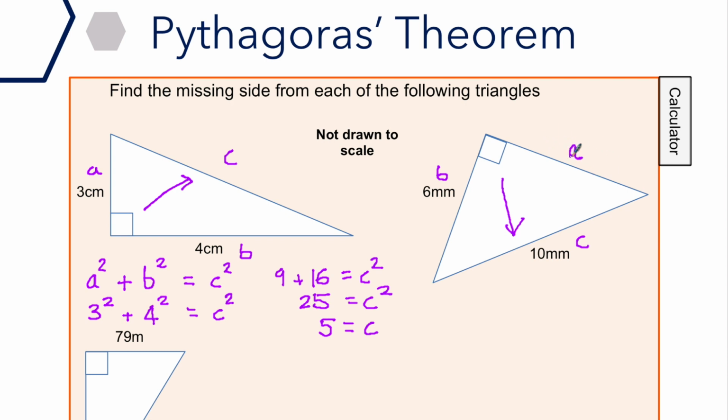So we're trying to find side A. So my Pythagoras formula I've got over here, so I can sub in what I know. So A I don't know, so I'll leave that as an A squared. Then I need to sub in my B, which is 6.